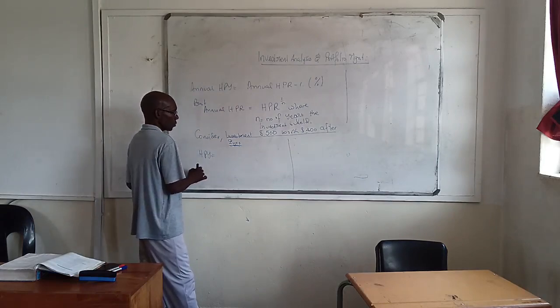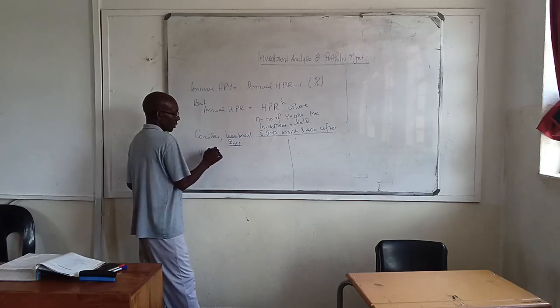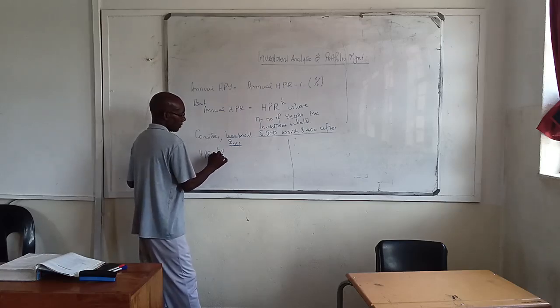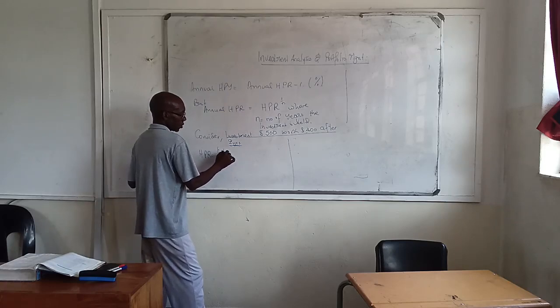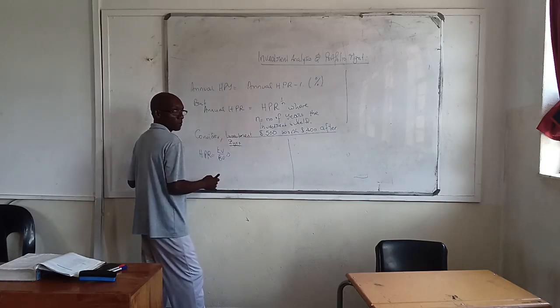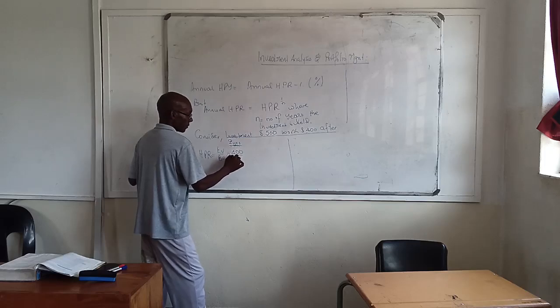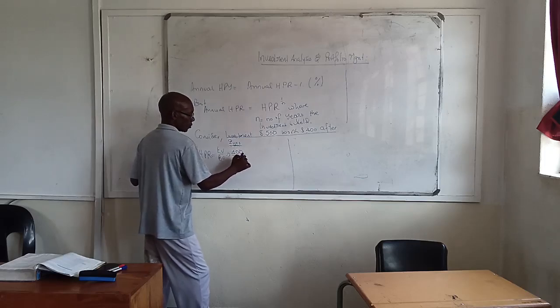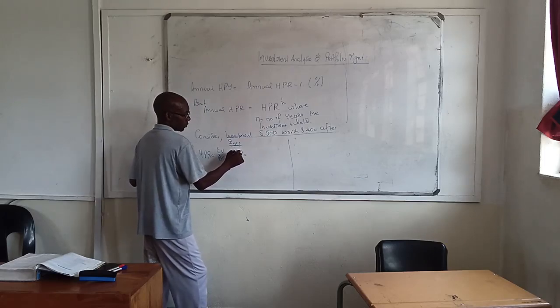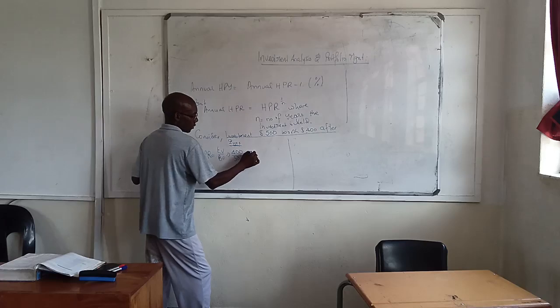HPY is equal to HPR, which is equal to ending value over beginning value, right? So what is this one? Ending value is what? 400 divided by 500, and this gives you 0.8.